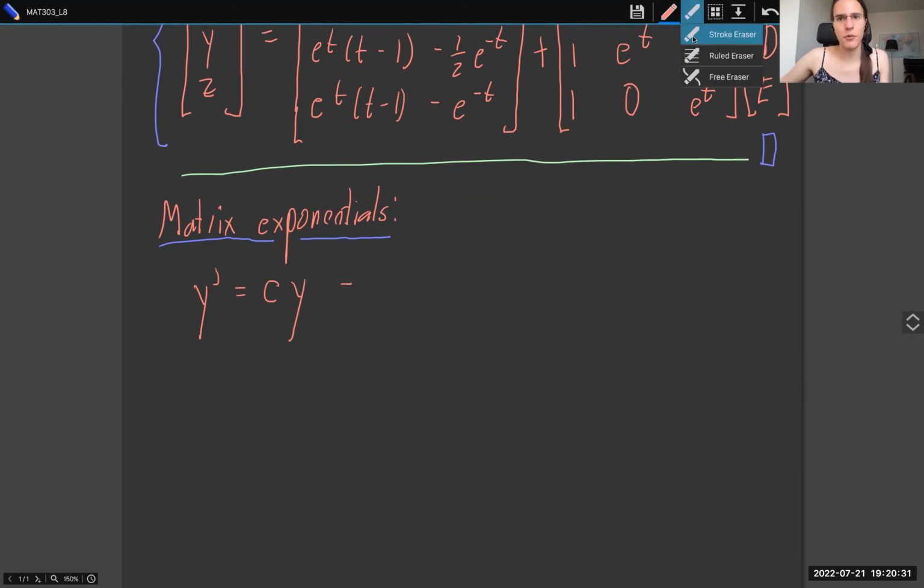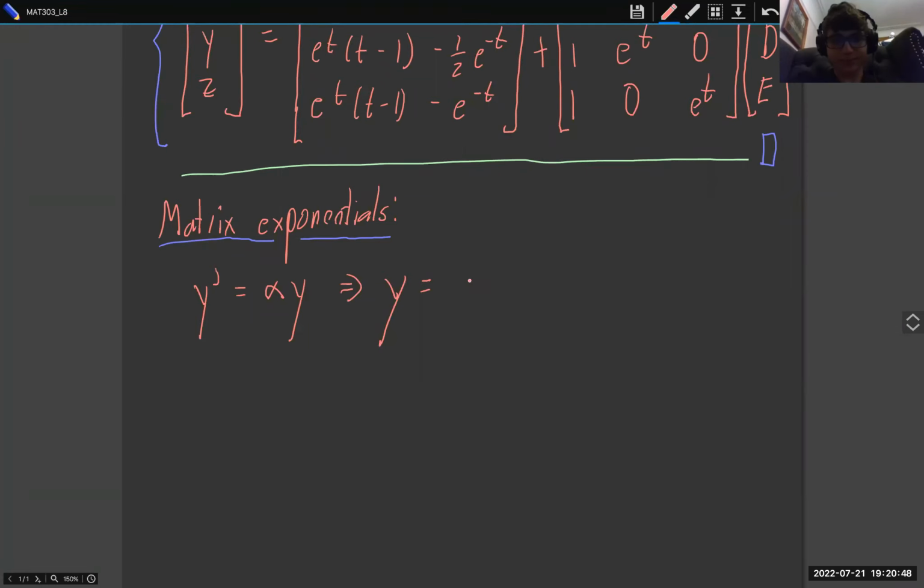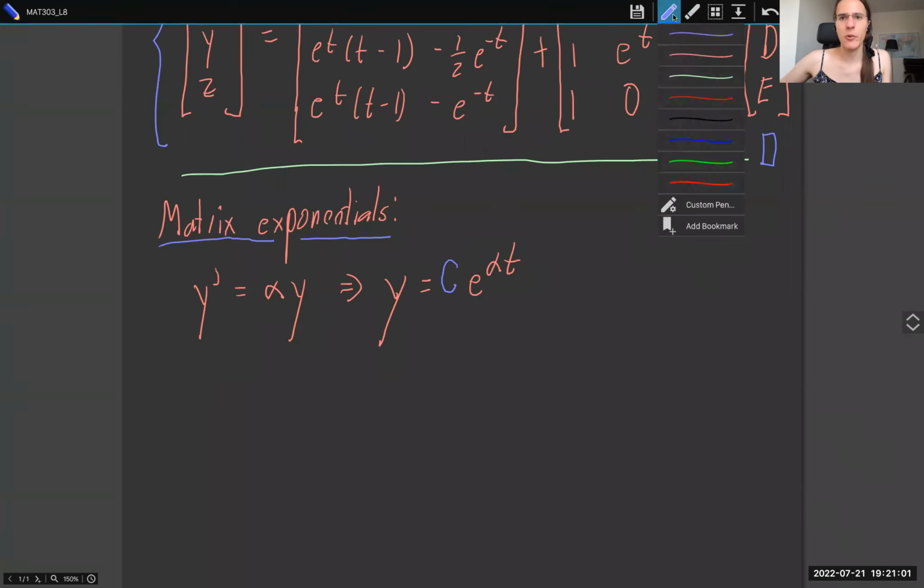Or let's say alpha y. Then what is y equal to? E to the alpha t. Yeah. And then we can put some constant here, which is sort of optional. If we want the general solution, it would be this. But let's forget about this for now.